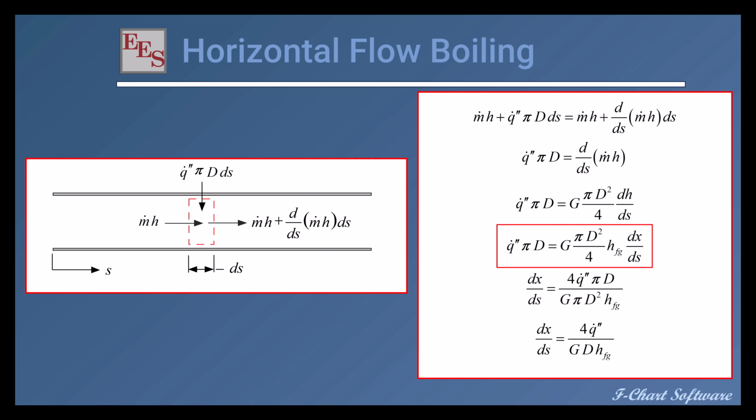And then we will recognize that the enthalpy change here is the latent heat of vaporization, HFG, multiplied by the quality change, right? So that gives us this equation here, which I can solve for dx ds, right? The rate at which the quality is changing as we move along the tube in the flow direction. So that's what I've done here, and then this last step is just simplifying this by, I guess, dividing the top and the bottom by pi d. So this is my energy equation that I'm going to implement in EES.